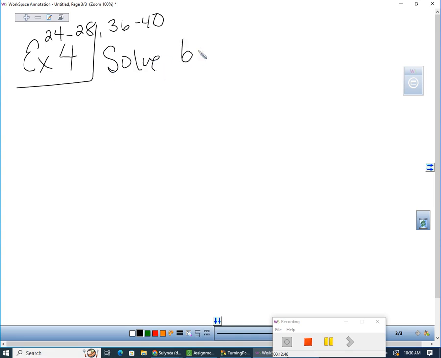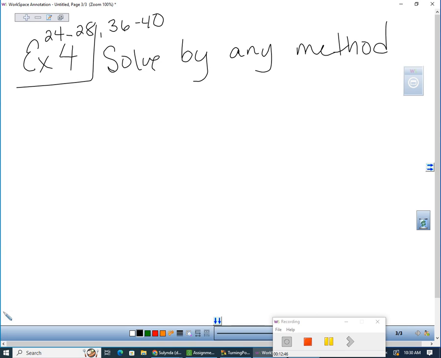Solve by any method. All right. So in 24 through 28, it's just going to ask you what method would you solve by and why. Don't have to solve it. It just wants to know what method and why. And 36 through 40, you have to solve it by whatever method you want.